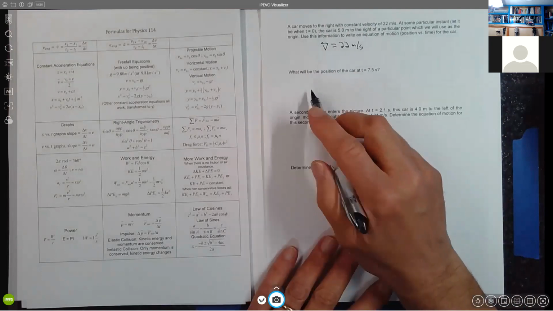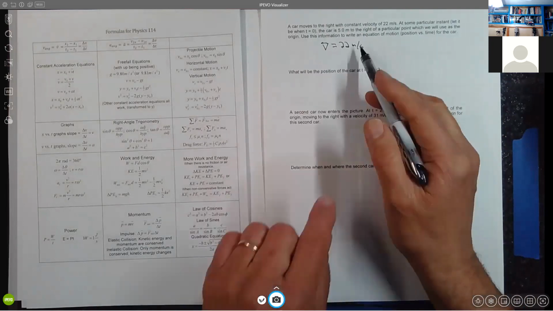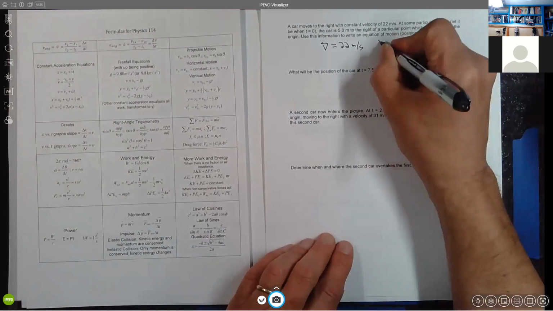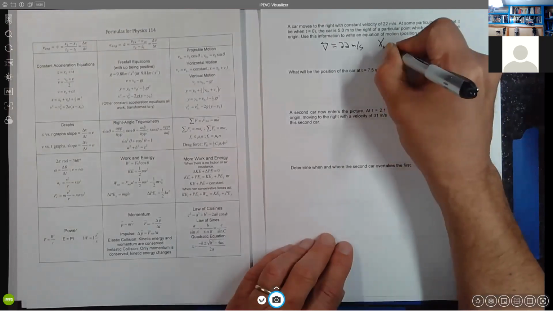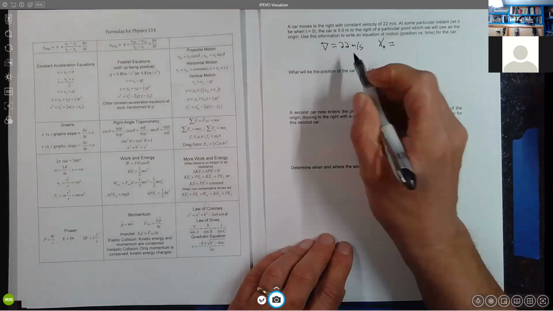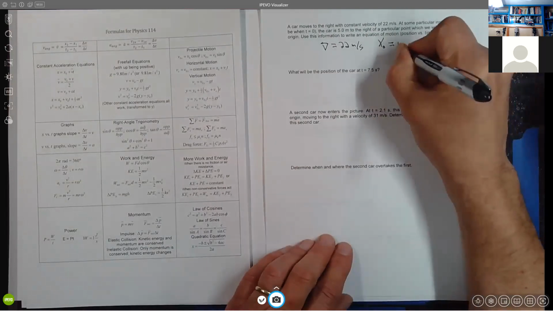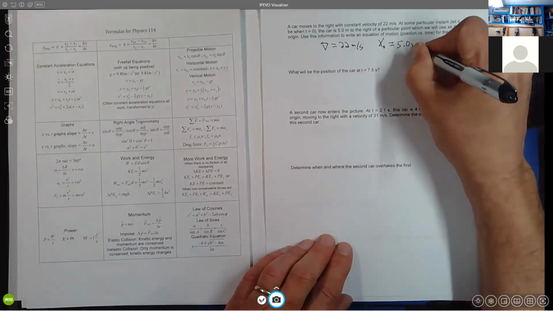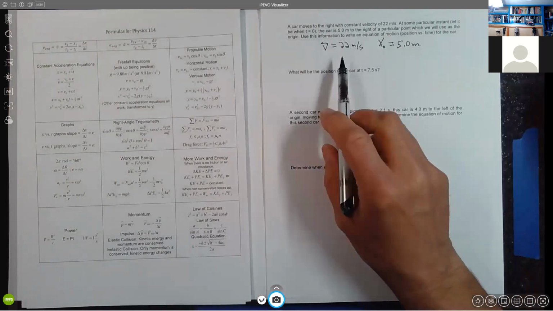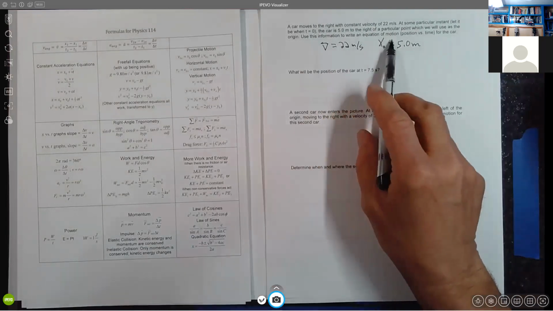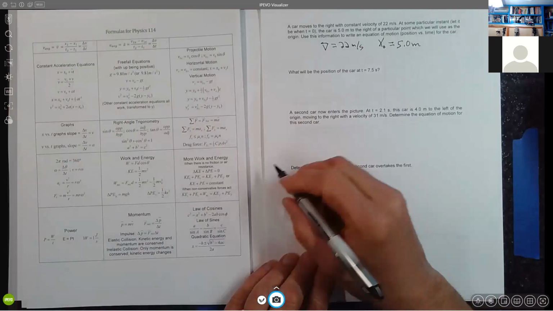If it's t0, then its position at that time is x sub 0, and so I can say that that's 5 meters. Use that information to write an equation of motion for the car.